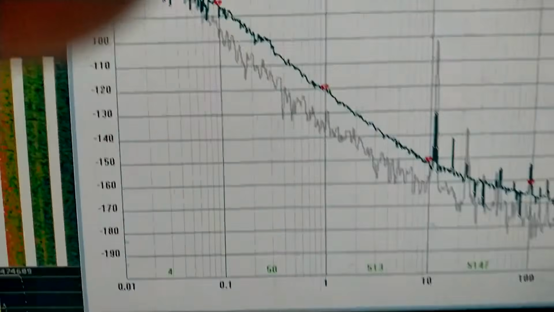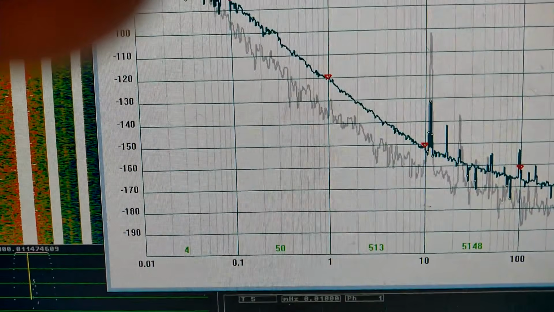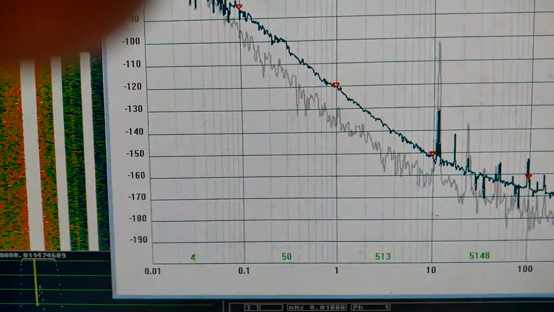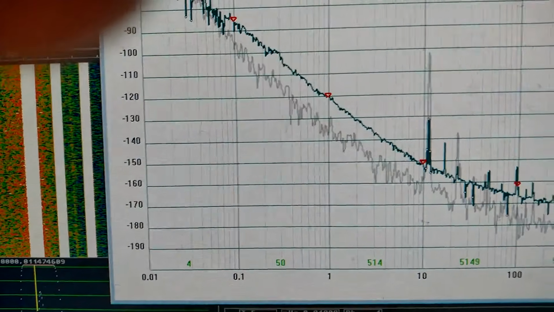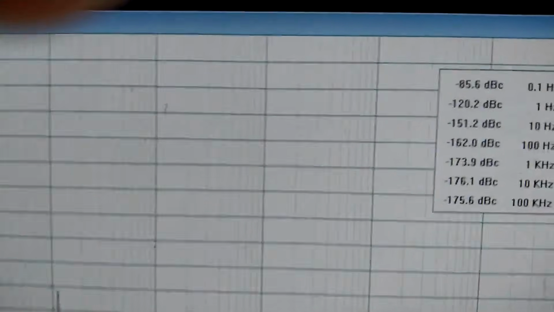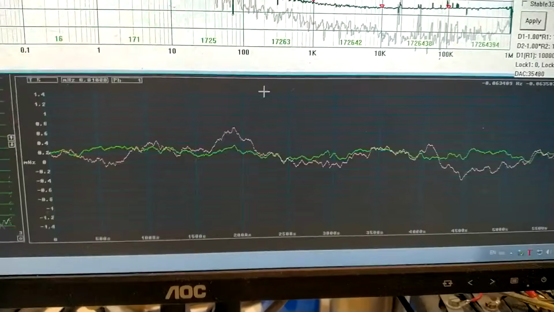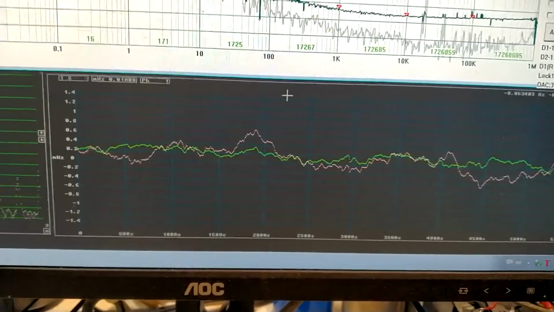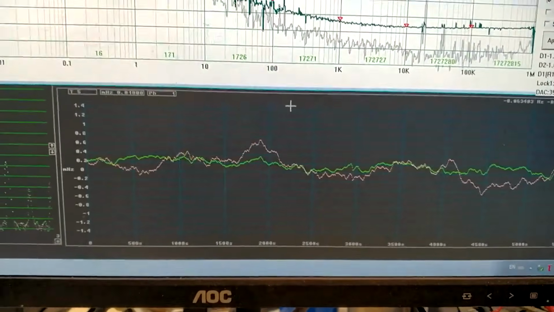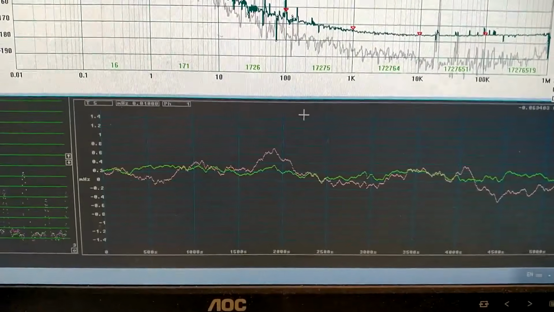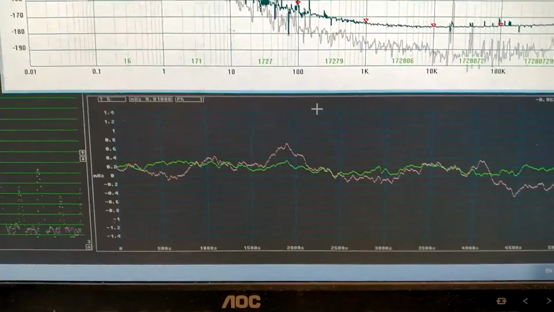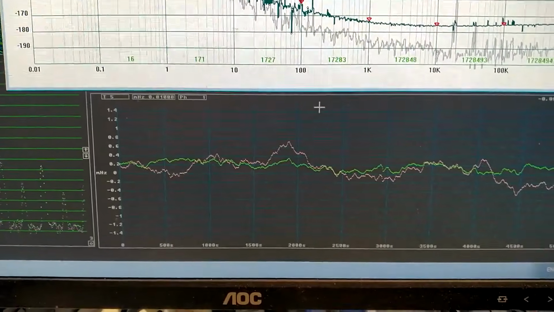And the phase noise here is minus 120 dBc per Hertz at 1 Hertz offset. This seems to be an optimum time constant for the phase locking to the rubidium source.